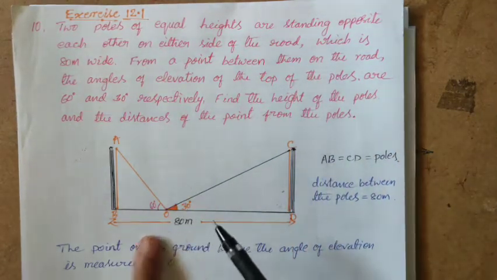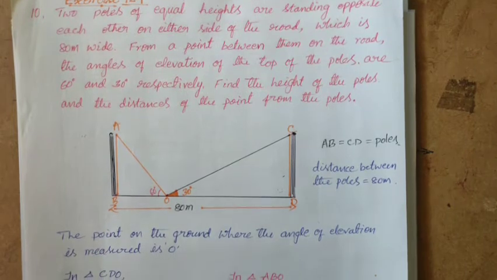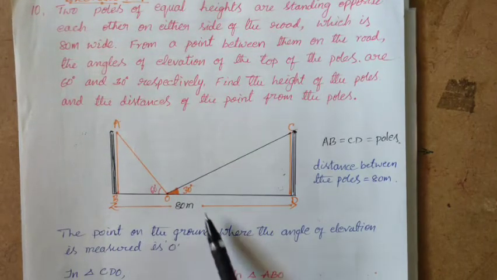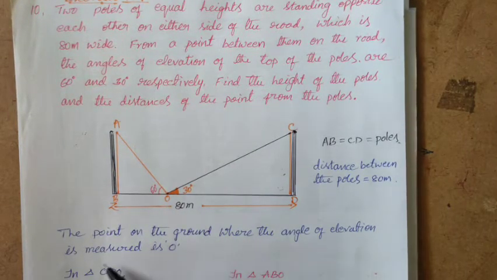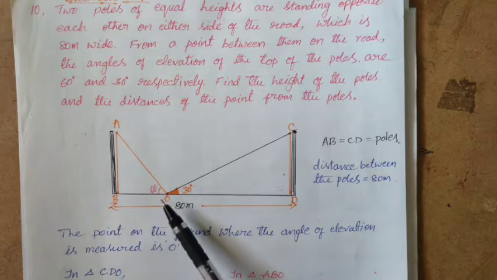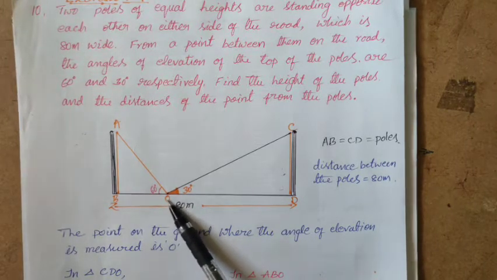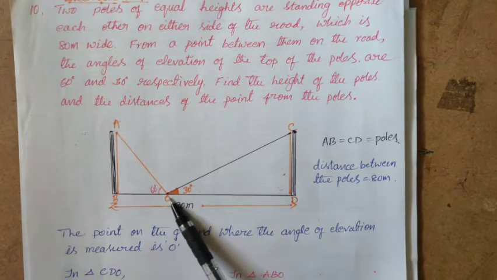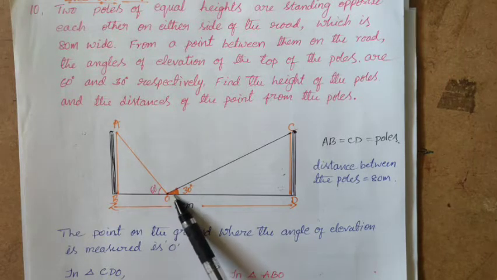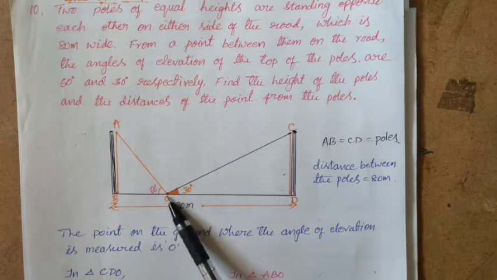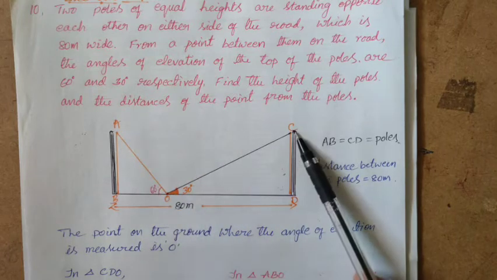Observe this one. This O is what? The point on the ground where the angle of elevation is measured is O. The point between them on the road is nothing but O. While an observer is standing on that point O, he wants to see these two poles.